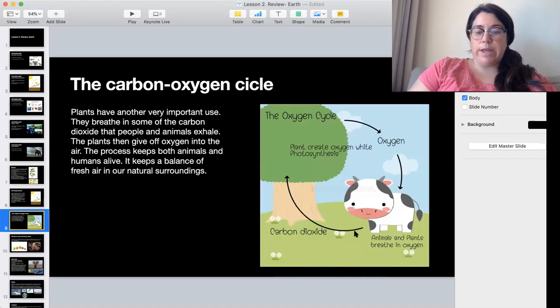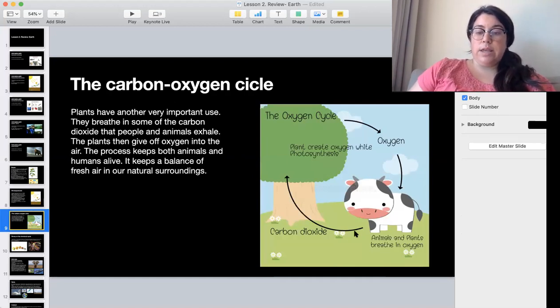Okay, so here we have the carbon-oxygen cycle. It's just a fancy way of saying that animals and plants depend on each other, because animals and people, we breathe oxygen from the air, remember? But we need the plants to give us oxygen, right? But plants need something that we have that is called carbon dioxide, okay?